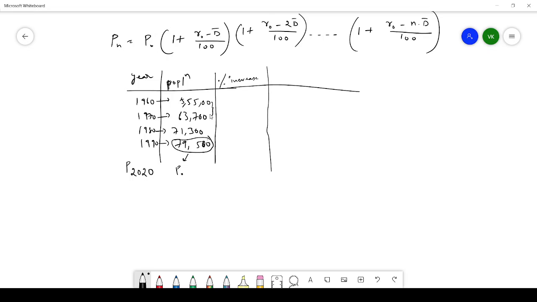The difference of these two: 63,700 minus 55,500 divided by 55,500 into 100. This is the percentage increase, right? So upon solving, you are going to get 14.77%.